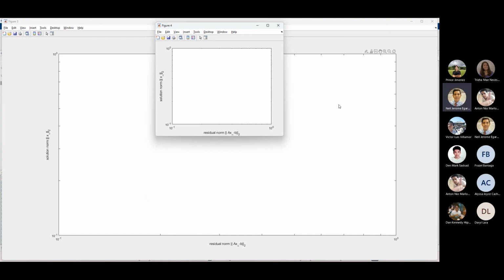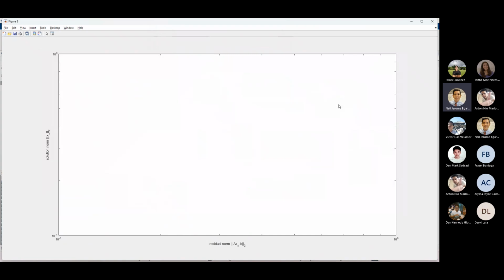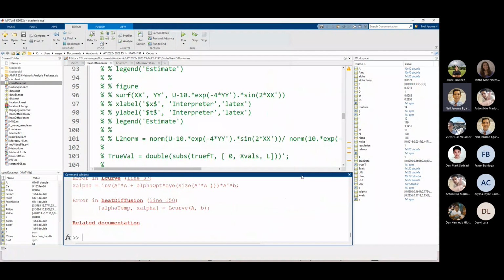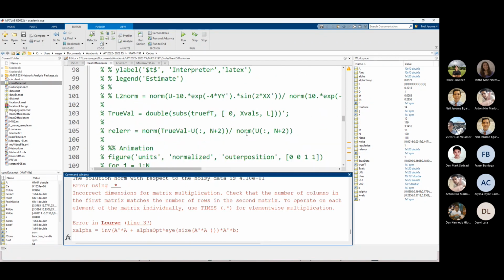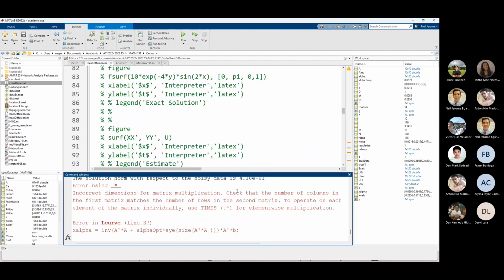But what I want to illustrate here is the use of an external code, of an external function. Ito nga, nagreklamo na siya. Ba't siya nagreklamo? Line 37?